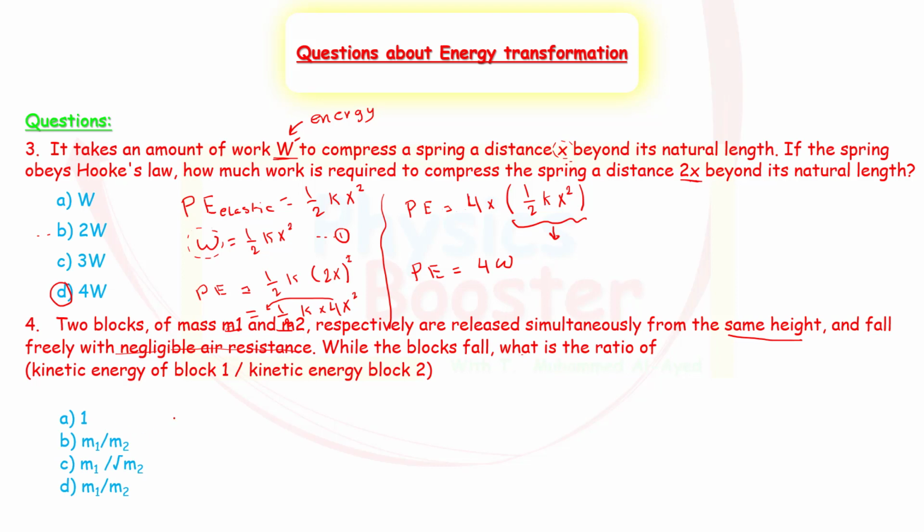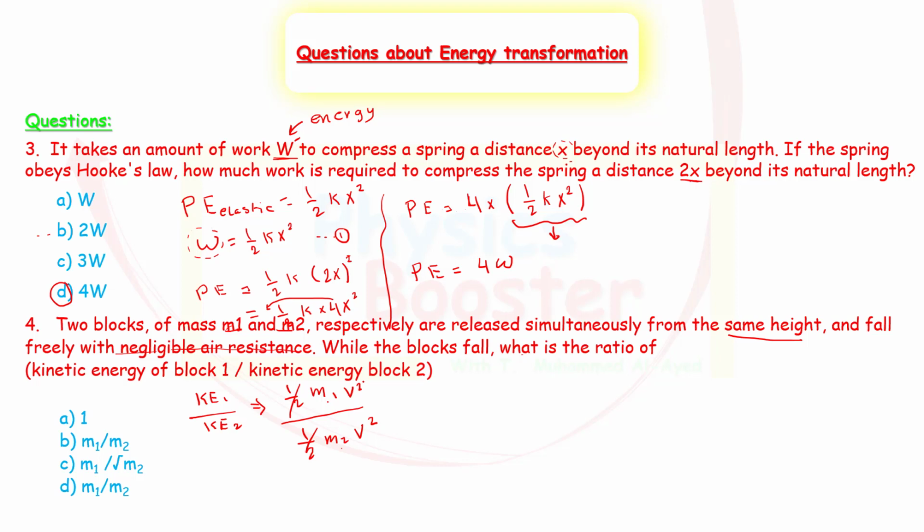Well, it's very simple. It's asking you to find the kinetic energy of block 1 over the kinetic energy of block 2. We can say that the kinetic energy of block 1 is equal to half m1 v squared, divided by half m2 v squared. Okay, we can cancel the half and the half. m1 and m2 are different from each other, so we can't cancel them.